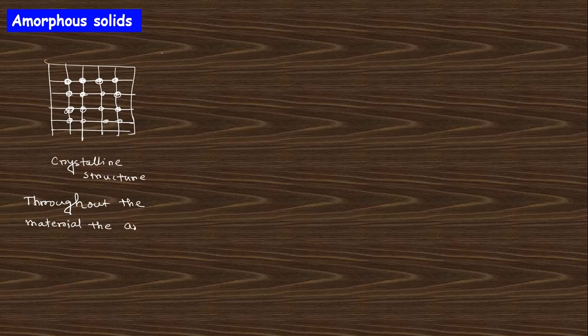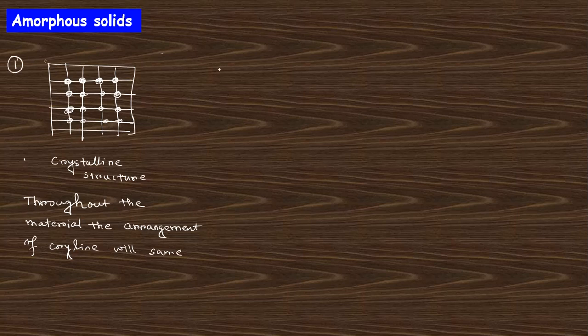The arrangement of the crystalline structure will be the same. If you take any portion of this material, you will get the same structure. This is called the crystalline structure.